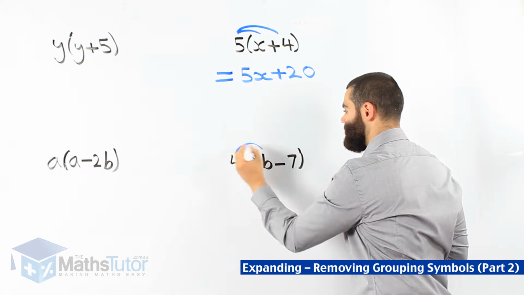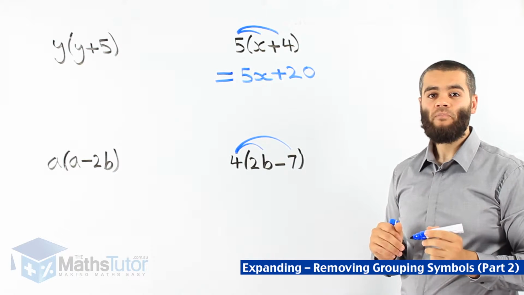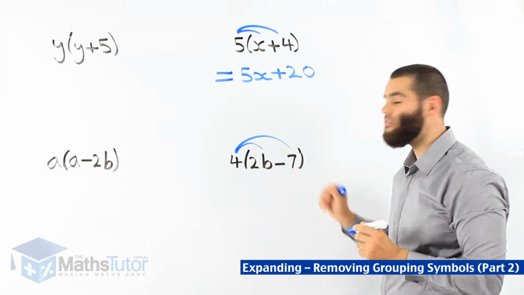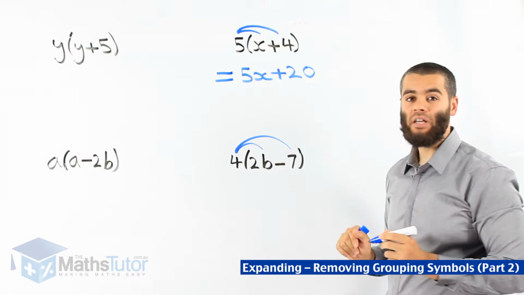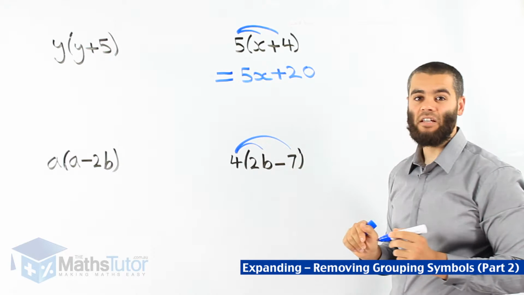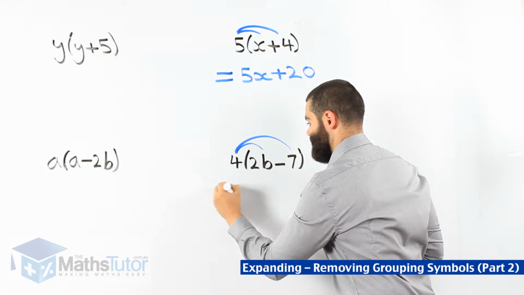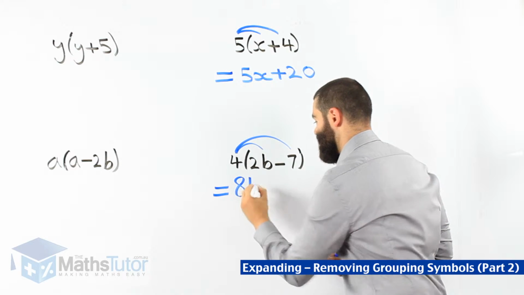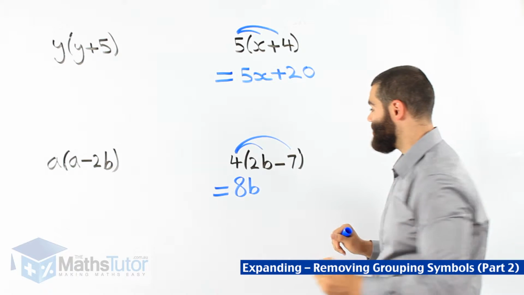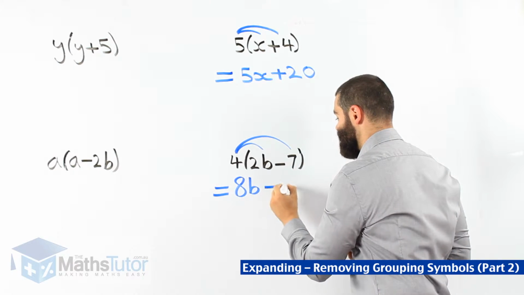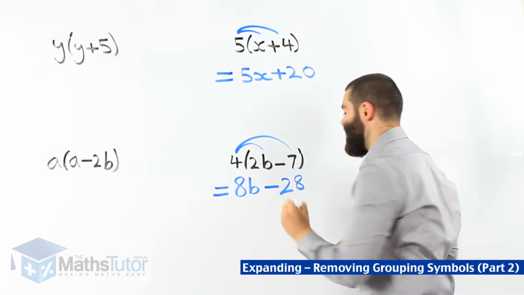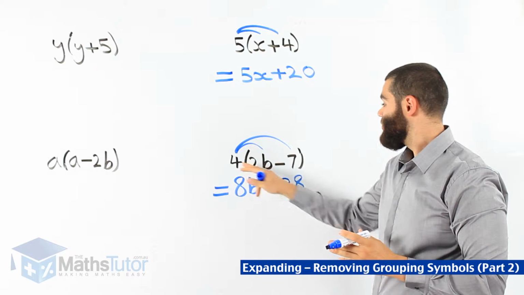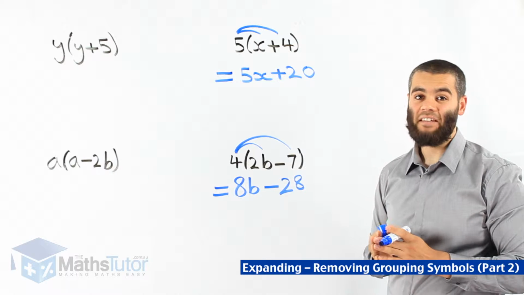So we show our arrows. 4 times 2b, and then 4 times negative 7. 4 times 2b is 8b. 4 times negative 7 is negative 28.